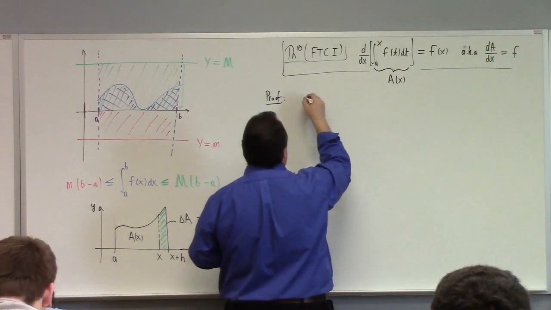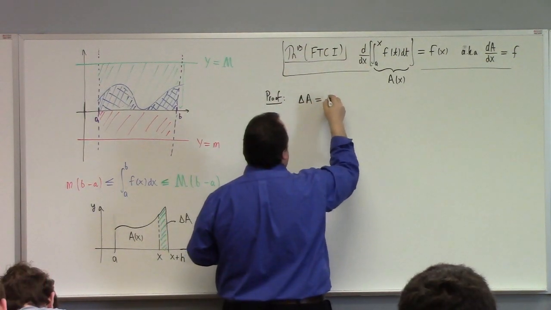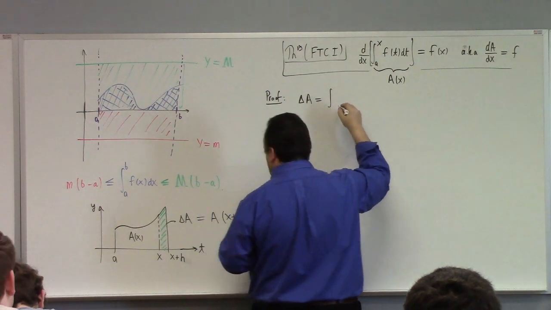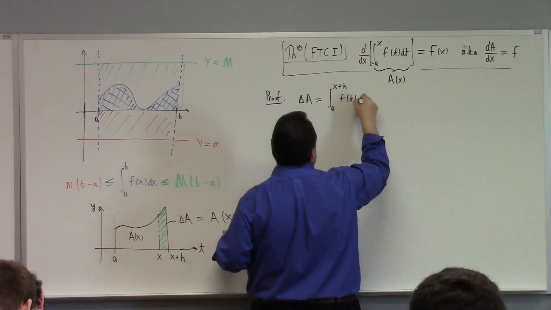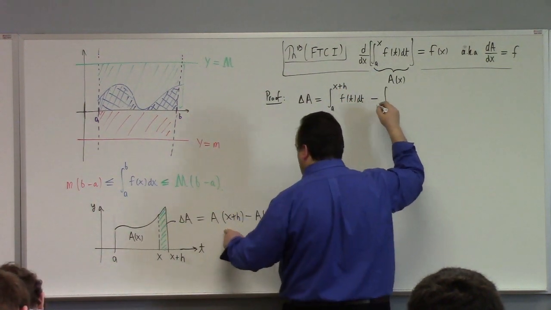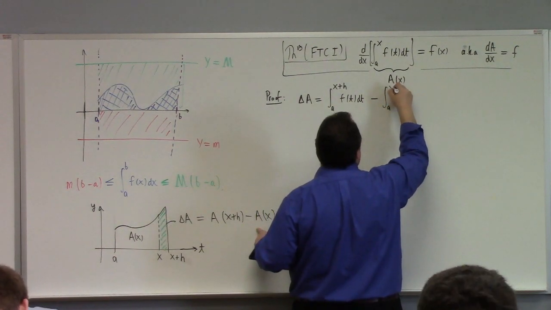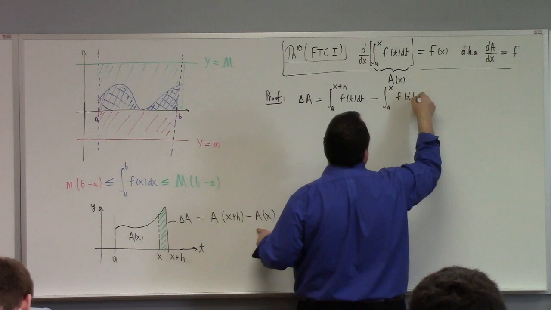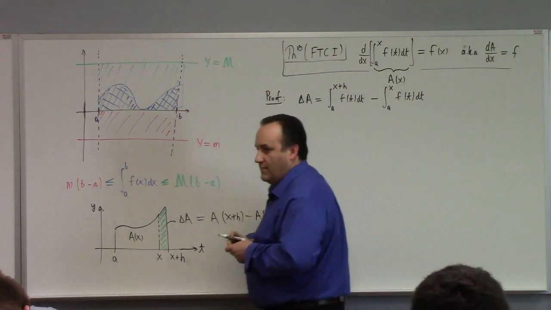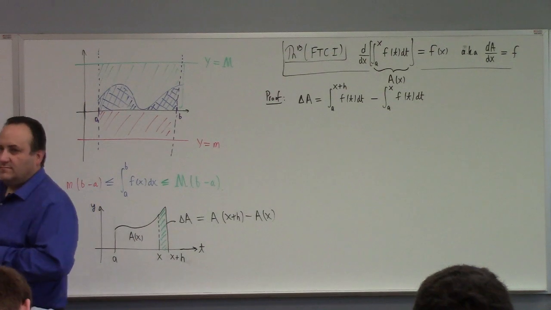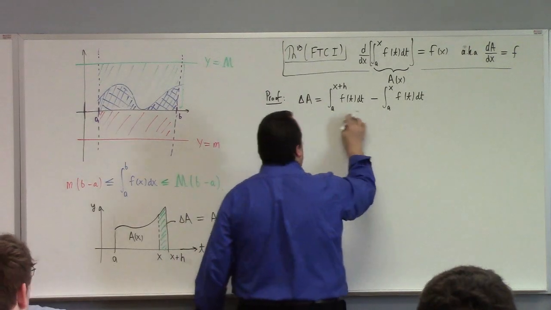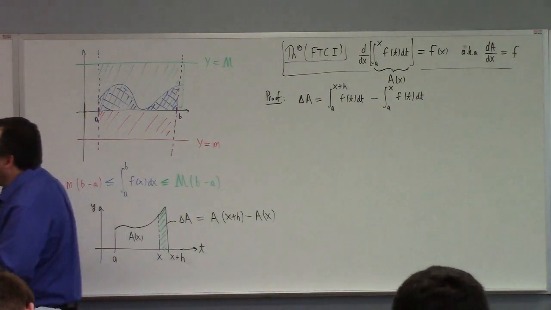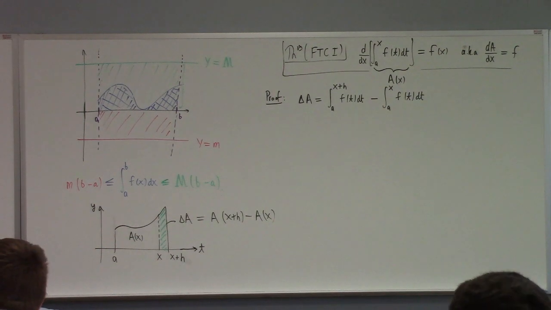So first of all, delta A is the integral from a to x plus h of f of t dt minus the integral from a to x of f of t dt. How can we rewrite this right here? We can use property number 2, right? Oh, wait a minute, excuse me. Yeah, property number 3, from the start of class.